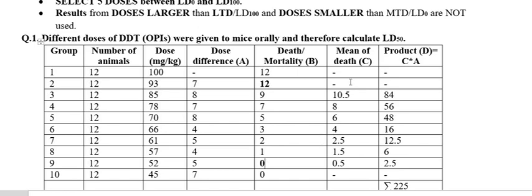Now we are going to calculate the interval mean of death. So what is the term? Interval mean of death means we are going to calculate the mean of two adjacent deaths.